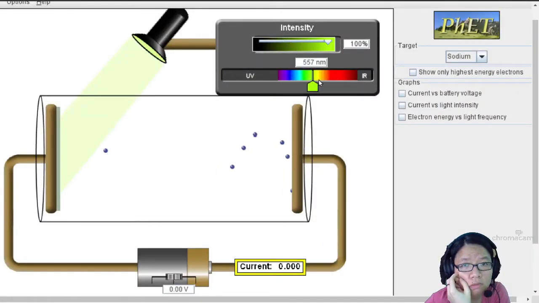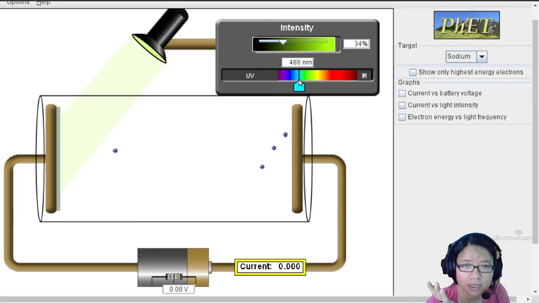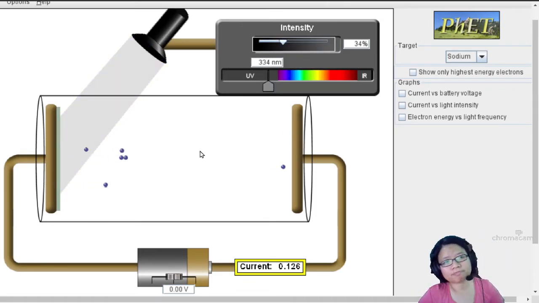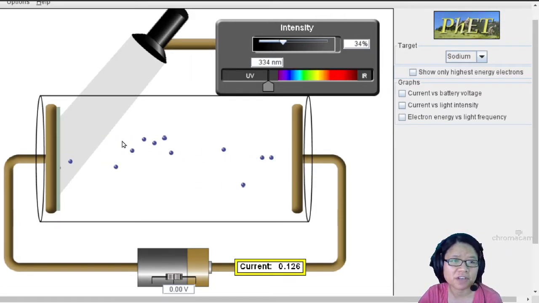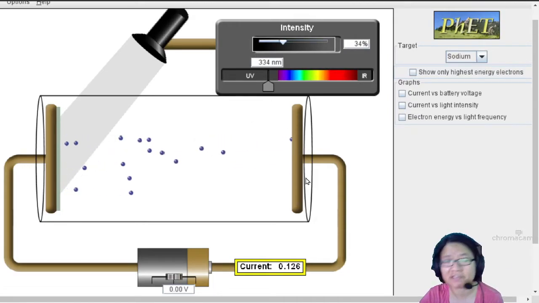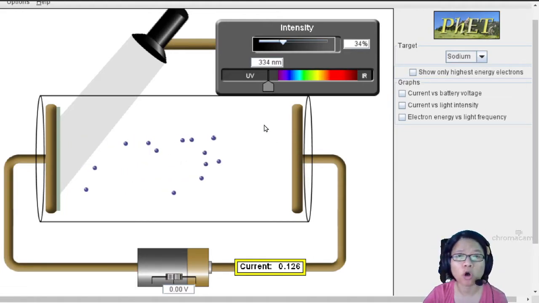Let's say in order to render this a bit better, I decrease this and I also bring up the frequency. Now you will see that at this intensity, you have electrons, some of them traveling at different speeds, some of them a bit slow. I guess eventually they will reach here. But if you look at the shape of a photocell, not all will reach.